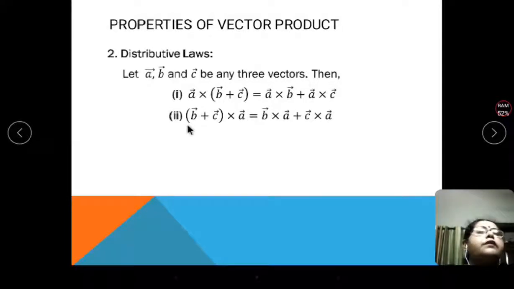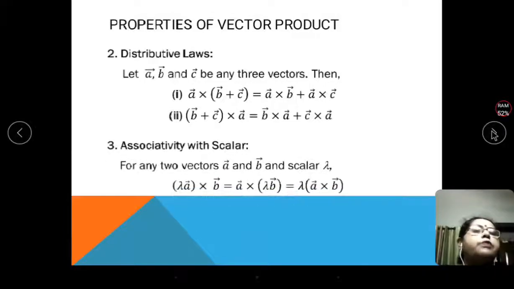The next one, (B plus C) cross A, that is equal to B cross A plus C cross A. Now mind it, 1 and 2 are not same because this is A cross (B plus C) and this is (B plus C) cross A. And we know that vector product is not commutative, so they actually give you different results.